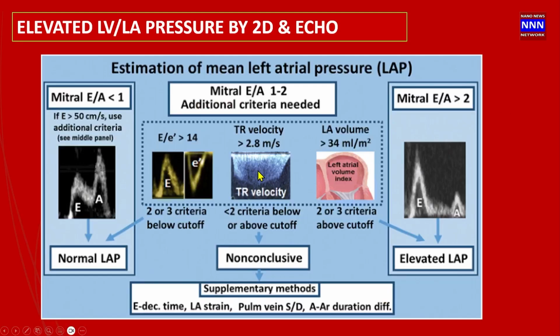Here's an example: if you have less than two criteria, it's normal left atrial pressure. If you have two criteria with a tricuspid velocity of 2.8, it's inconclusive, but if you have 2 out of 3 criteria, left atrial volume of greater than 34, tricuspid regurgitation, and E to E prime ratio, then it is suggestive of elevated left atrial pressure.